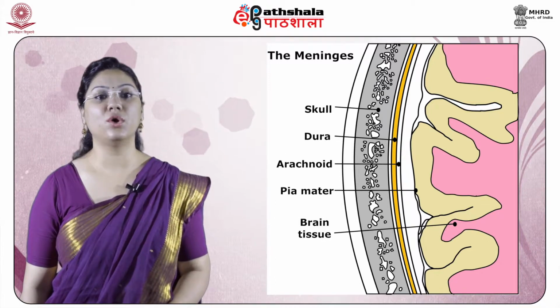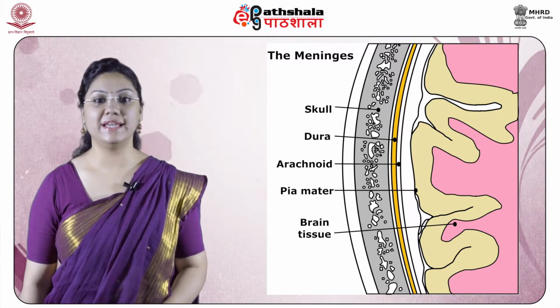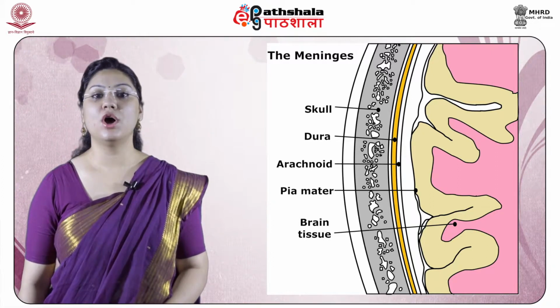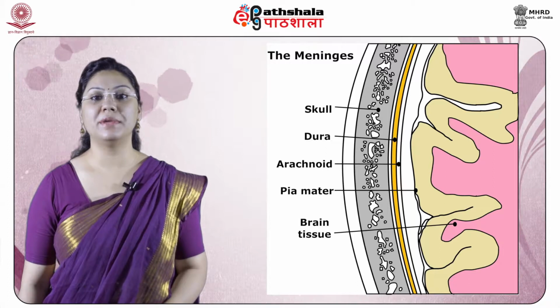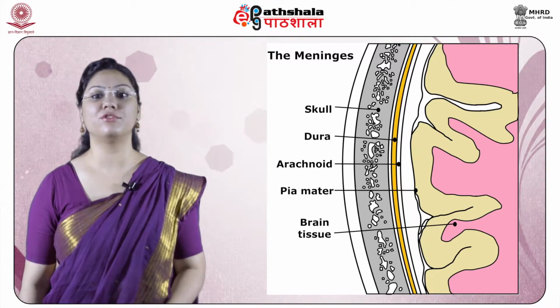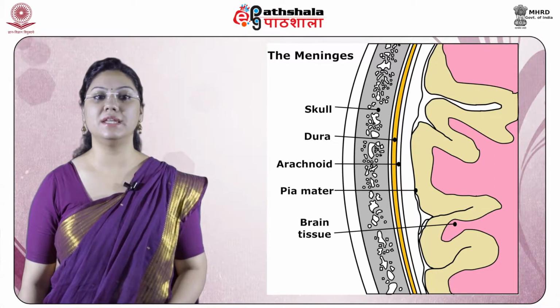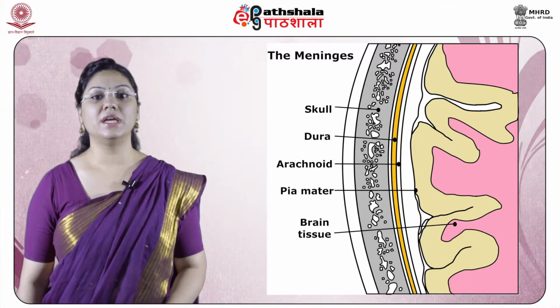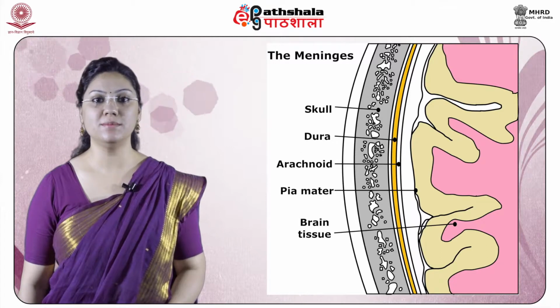B. Arachnoid mater. This layer gets its name from the web-like appearance of the arachnoid trabeculae that protrude from it. Arachne meaning spider, trabecula meaning track. It is soft and spongy.